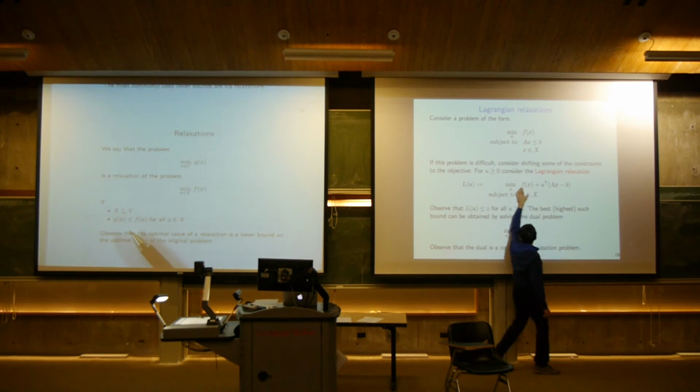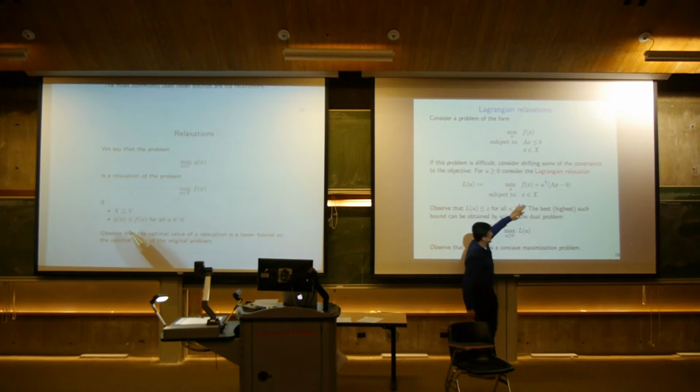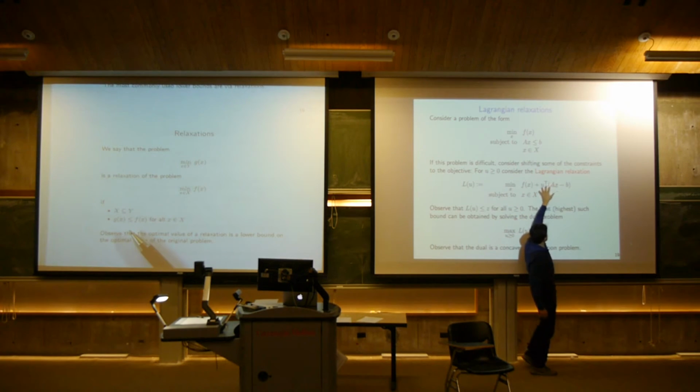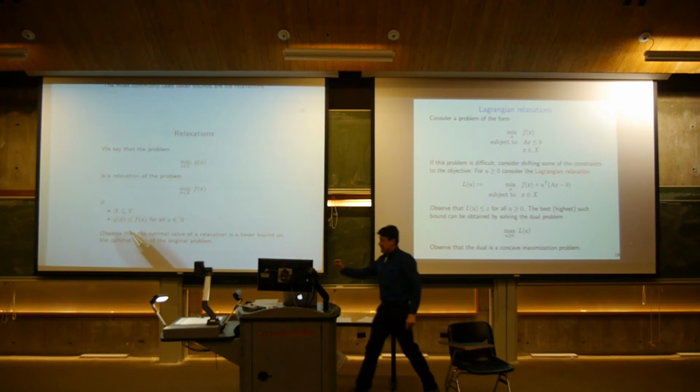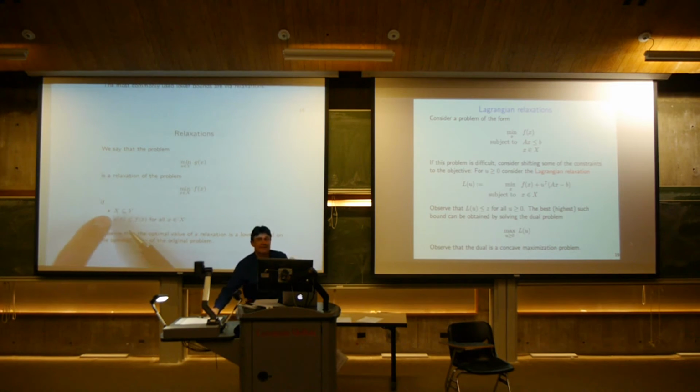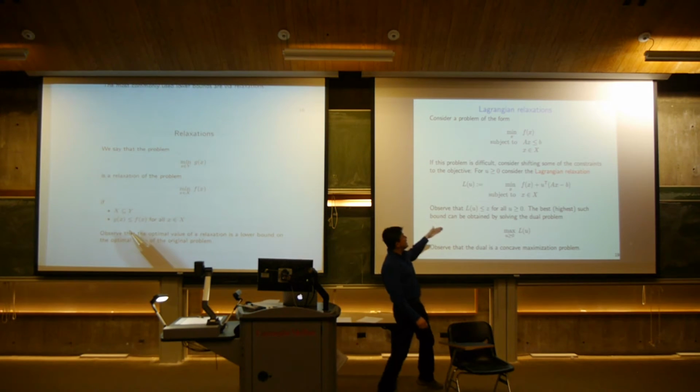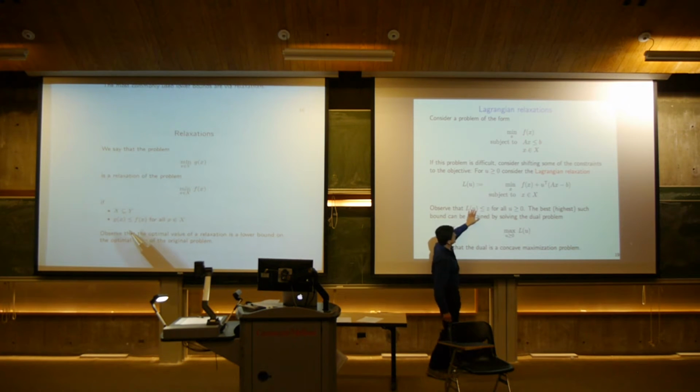If we multiply by some non-negative multipliers here, then this whole quantity is less than or equal to 0. So the second condition of relaxation also checks out. So this is a relaxation. And for any u, if we solve this problem, then we get a bound on the original problem. And now, if we want to find the best bound, we can do it by solving this problem.